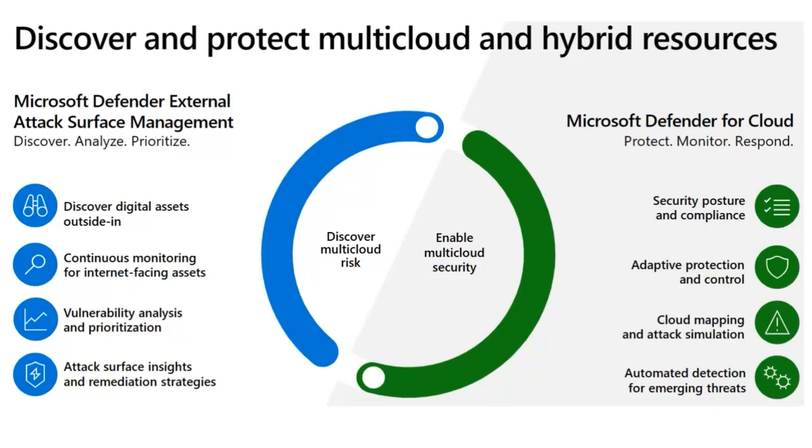So EASM collects data for publicly exposed assets outside in, and these insights are fed into Cloud Security Graph. And that data can be used by Defender for Cloud CSPM in the inside out approach to assist with internet exposure validation and discovery capabilities to provide better visibility.